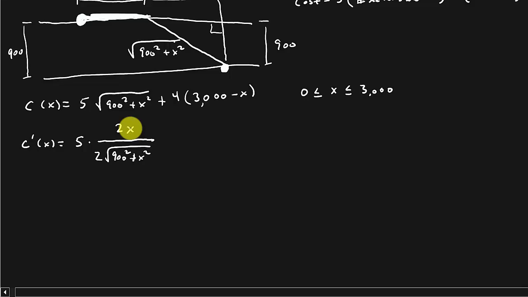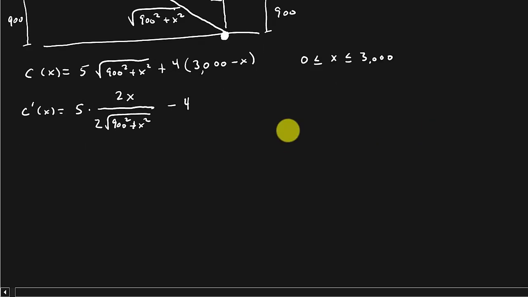And that's it. And then for this, you can take the 4 and distribute it. That would be 120,000 minus 4x. What's the derivative of that? That's just minus 4. Okay.